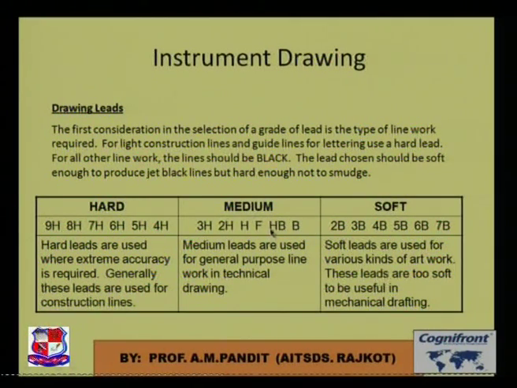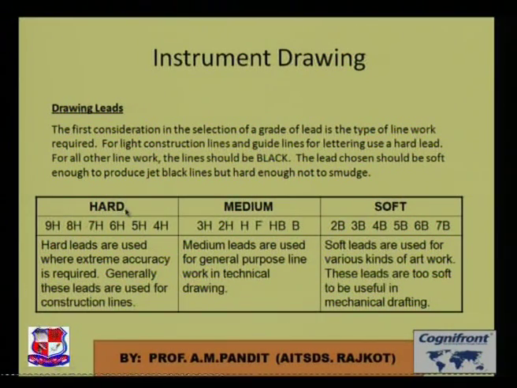Why should we not use HB, B, 2B, 3B? Because HB, B, 2B, 3B, 4B and all these pencils are very soft and can smudge very easily. From H they get harder and harder, so we can draw very thin lines and it will not smudge at all.